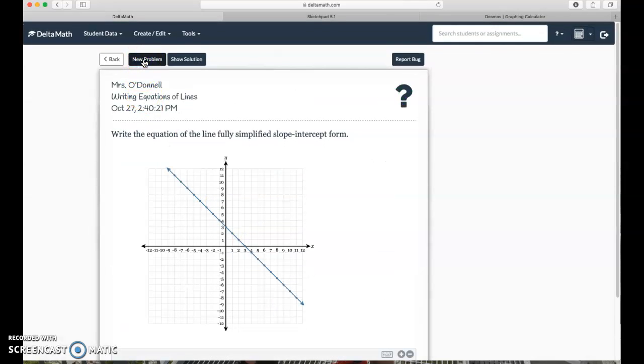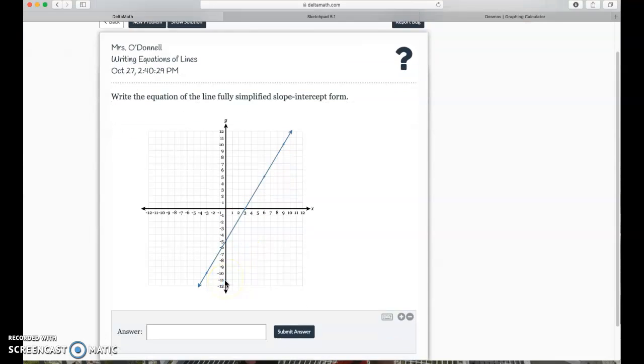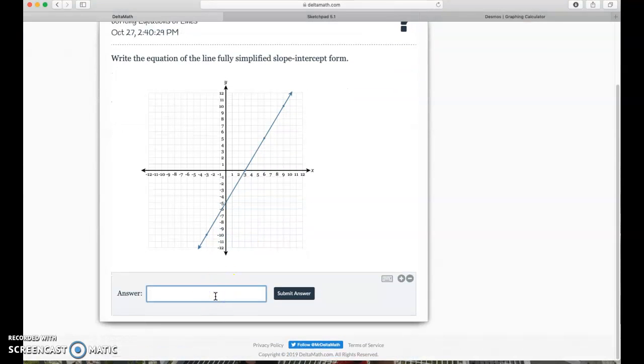Let's see if they give us any other kinds of problems. This one is giving me really nice x and y-intercepts. So this would be one that if I wanted to write in standard form, I could.